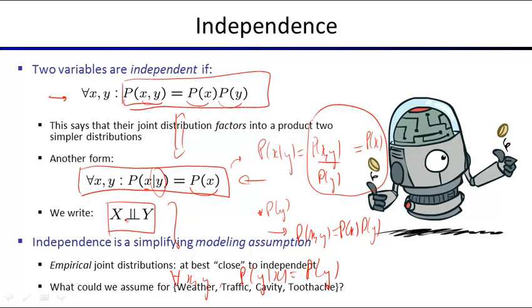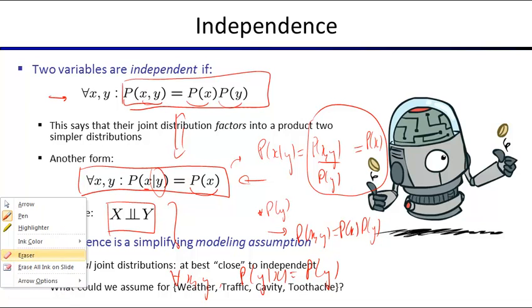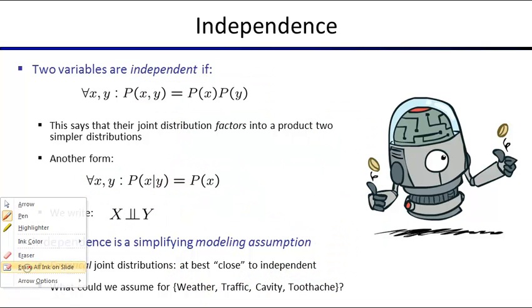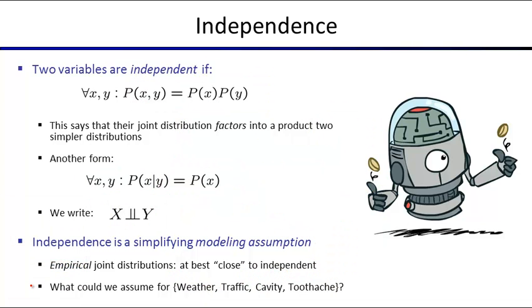In practice, will distributions have that property? Real world distributions probably not, but we might approximate them by a distribution that does have the independence. And so here is a set of 4 random variables. You could ask yourself the question, what would be a reasonable approximation in terms of assuming some independence here?